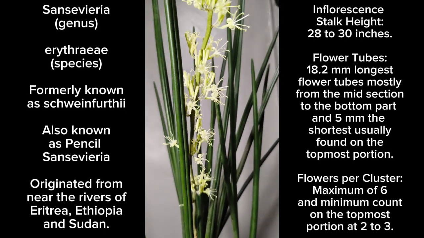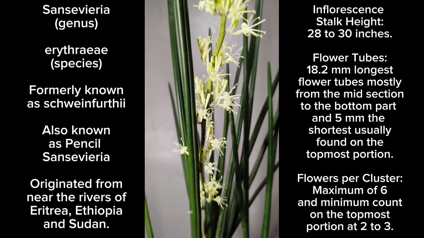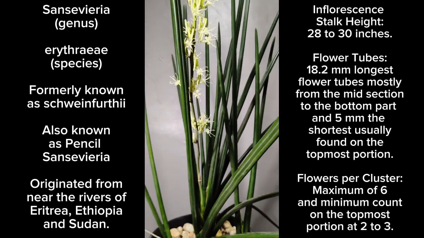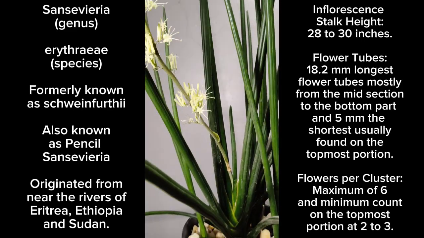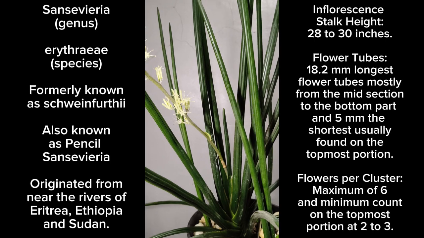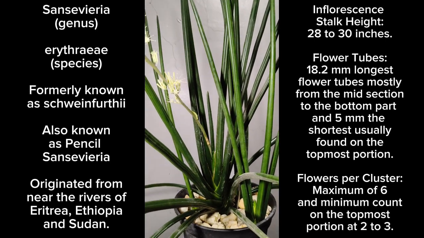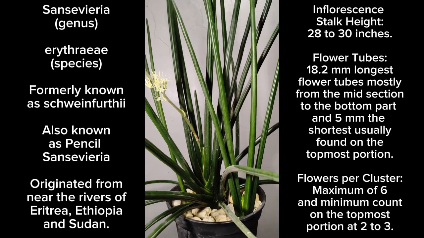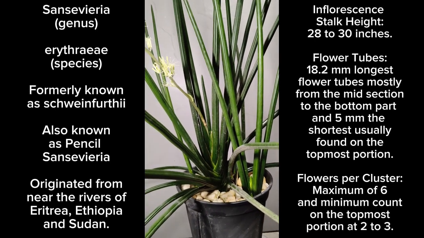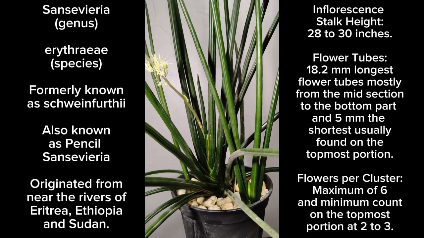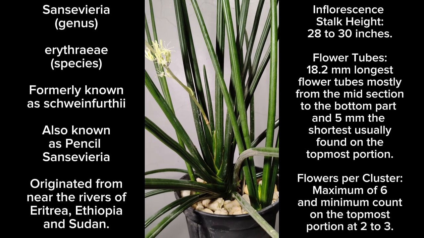So I would say that it is light green in color. Let's leave it to that. So aside from what I have discussed, I think we have covered everything with regards to the species of Sansevieria erythraeae, and this is the first time that this Sansevieria species has bloomed for me.